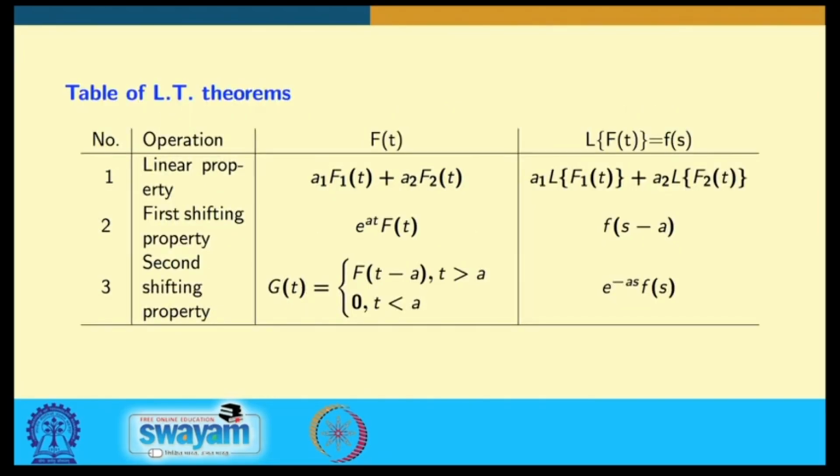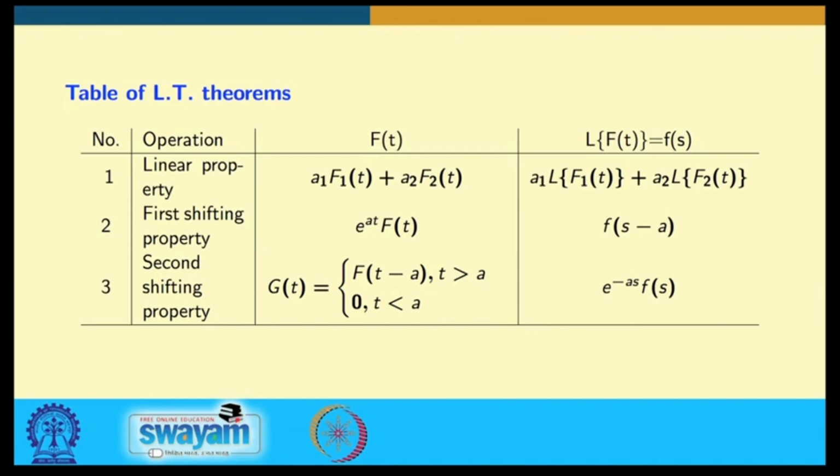Now, I am just giving you a list where I have listed the important Laplace transform theorems we have written. This is a recapitulation of whatever we have done earlier.